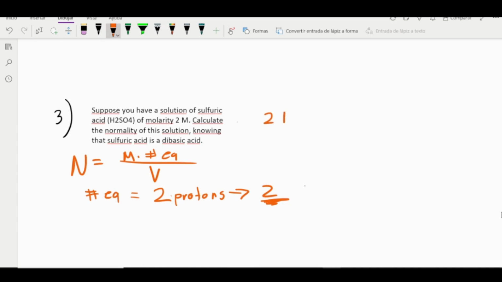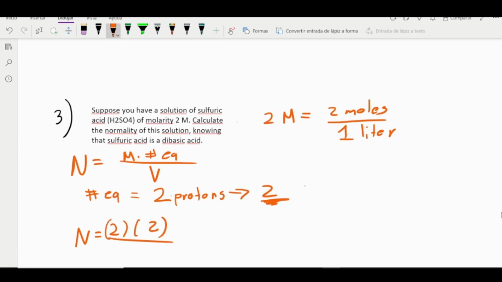If we know that 2 molarity is 2 moles per 1 liter, the only thing that we need to do is apply the formula. Normality is 2 times 2 divided by 1 liter. This is going to be 4 normal, or 4 equivalents per liter.